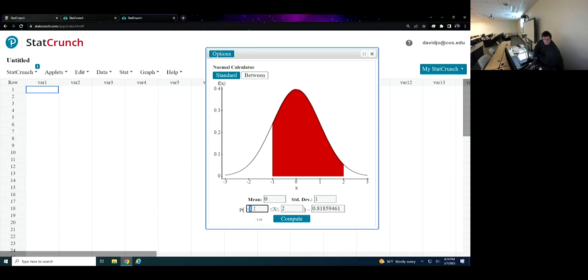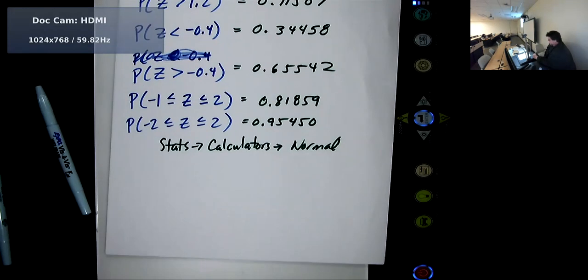And if I do -2 to +2, I get 0.95444 or 0.95450 if I round to the 5th decimal place. So you're just going through and editing those, putting those in. And you should have gotten those values.